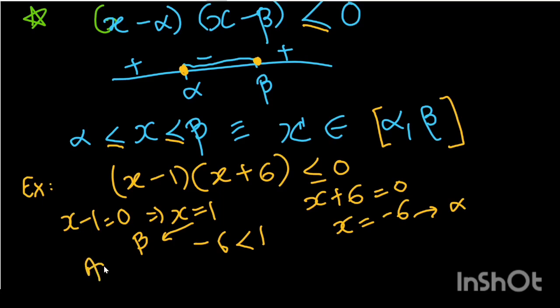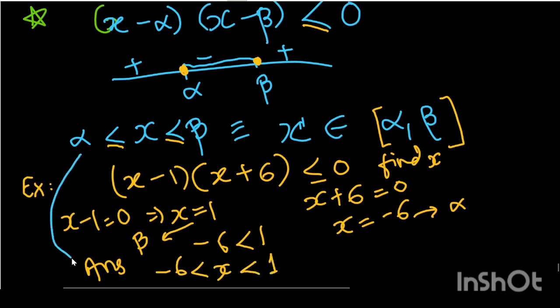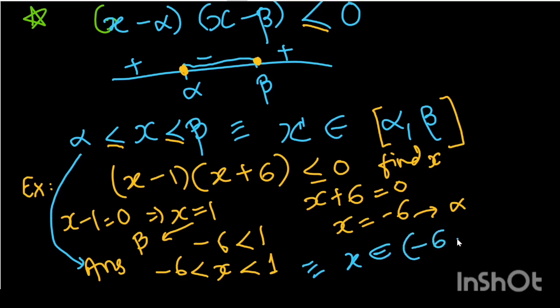We can write the answer, x between minus 6 and 1, using this formula, although this is for strict less than, so the equal to sign won't come. We can use this formula, or equivalently write x belongs to the open interval minus 6 to 1.